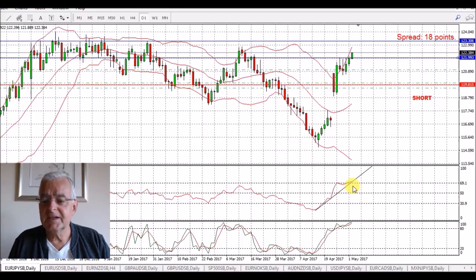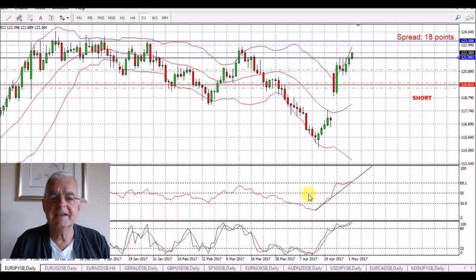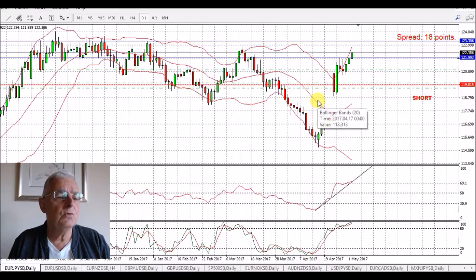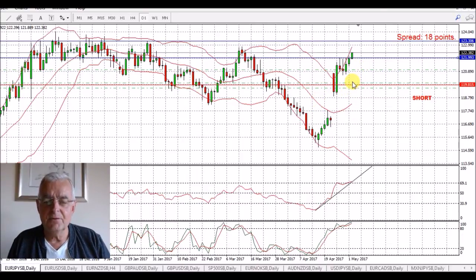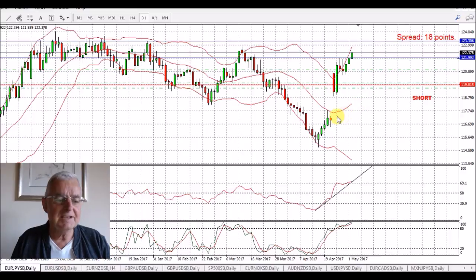We're above the 69.1. Would really like to see this come back down. I've got some small positions in here, and I'm not really adding to them or doing anything at the moment until I see a bit of strength in the yen, which should follow through.